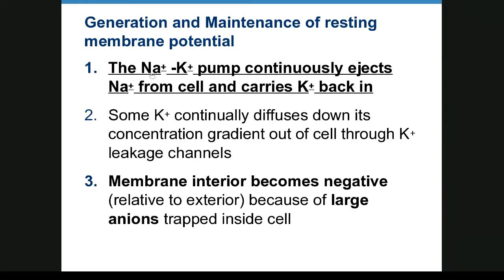Now, maintaining that, the sodium-potassium pump continuously picks the sodium up, kicks it out of the cell, picks up some potassium, and puts it back in the cells. And then when potassium escapes, it picks it back up, puts it in, and throws a few sodiums out while it's at it. But the membrane interior becomes negative relative to the exterior because the large anions, proteins, can't get out.